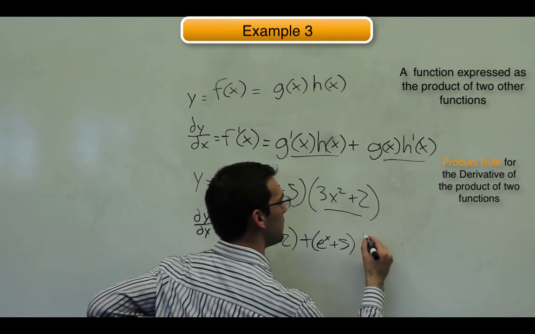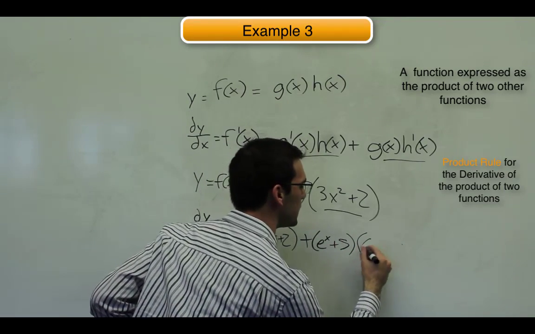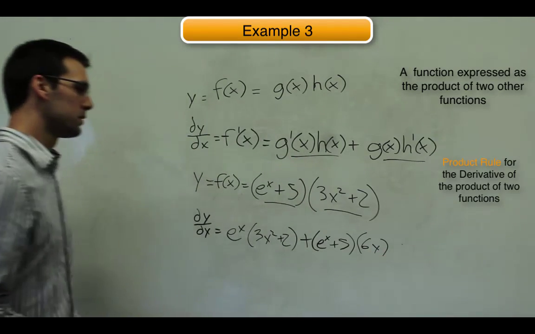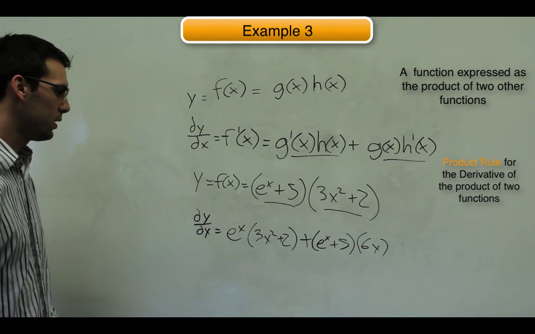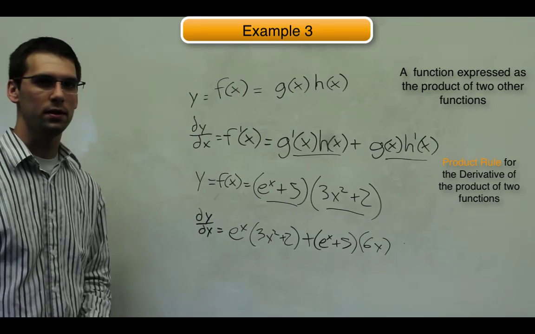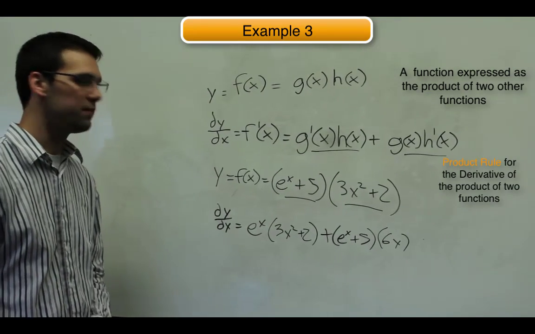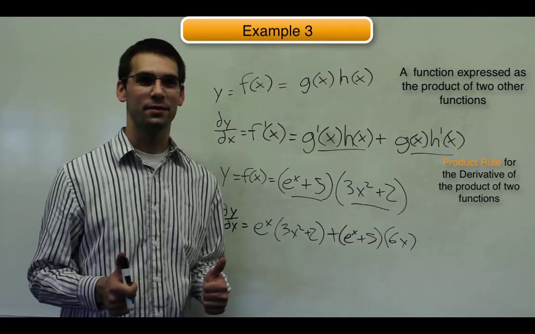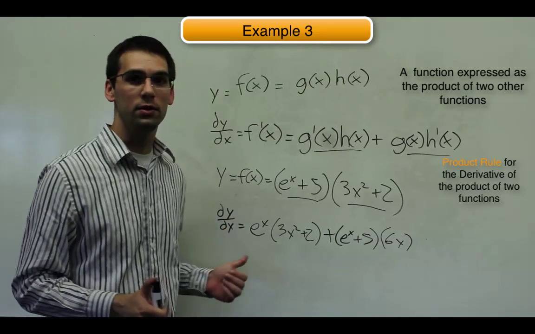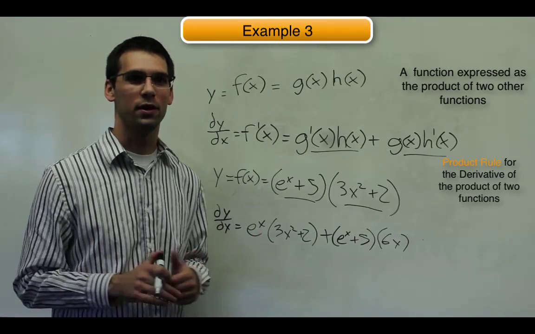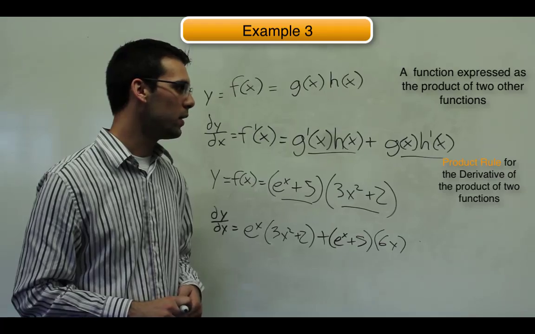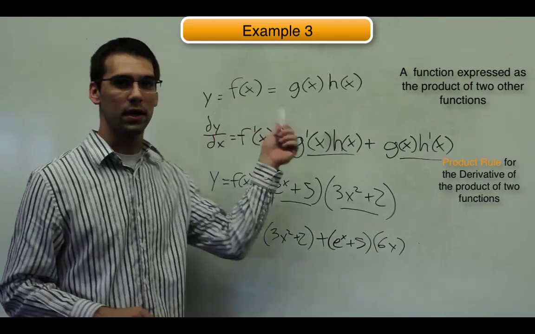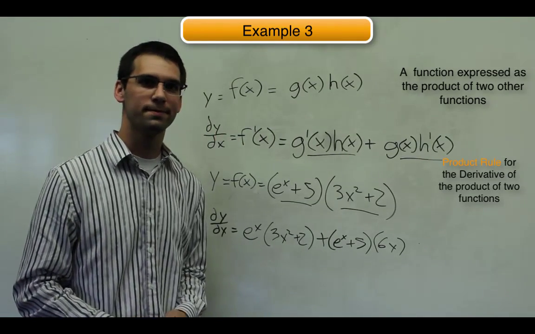We end up with 6x. And once again, we can simplify that if we wanted to. I don't really feel the need, but hopefully that should tell you how you can solve for the derivative when you have a function that's a product of two other functions of x.